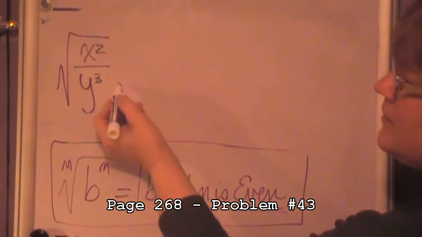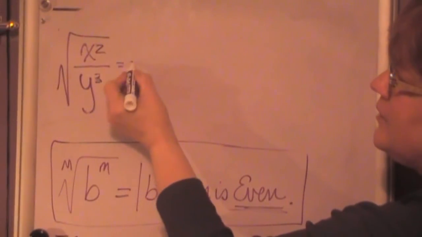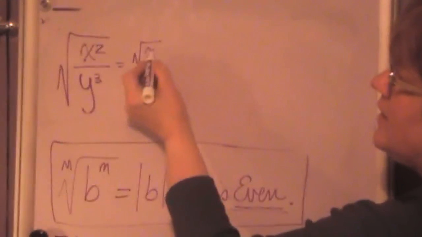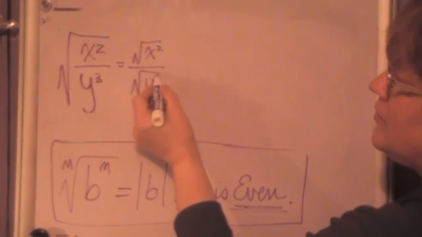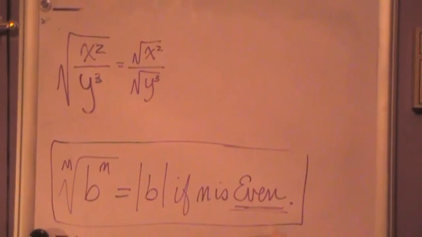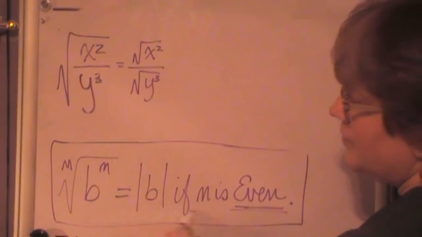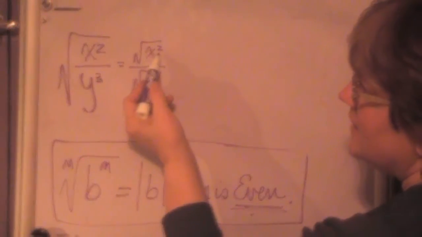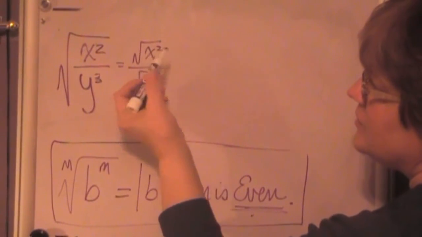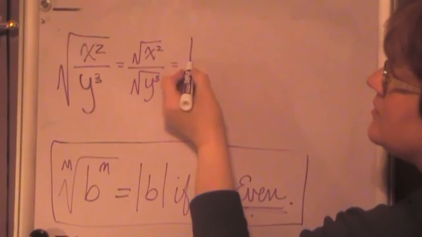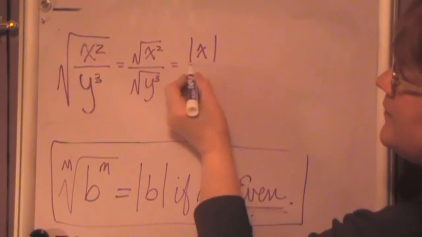Okay, in this particular problem, since I can't do the division first, I'm going to split these two up: the root of x squared and the root of y cubed. Now, if I apply this rule, n is even here. It's 2 and 2. So the square root of x squared is equal to the absolute value of x.